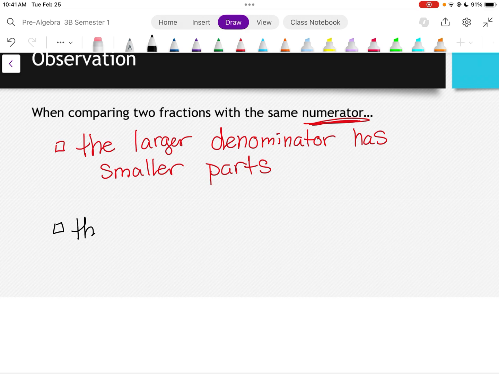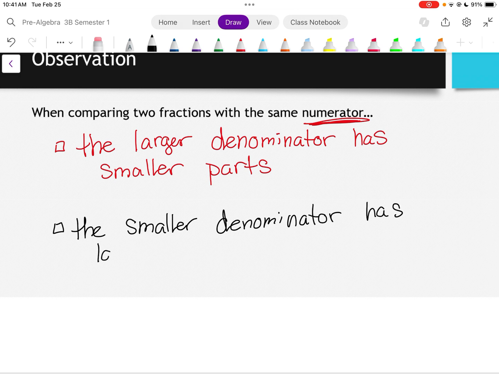That also means the smaller denominator has larger parts because we're splitting it up into fewer pieces. So because the smaller denominator has larger parts, that would make that the larger number.